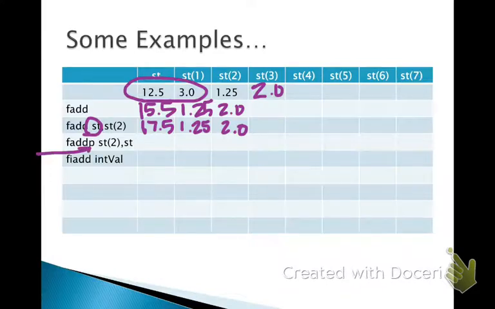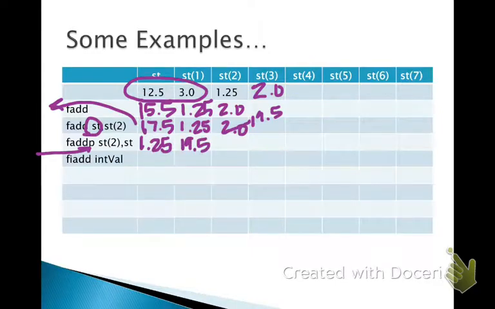So I'm adding stack top to st2, so 17.5 plus 2.0 is 19.5. It'll replace this, but remember, we're also going to pop the stack top off, so it's going to be 1.25 and 19.5.